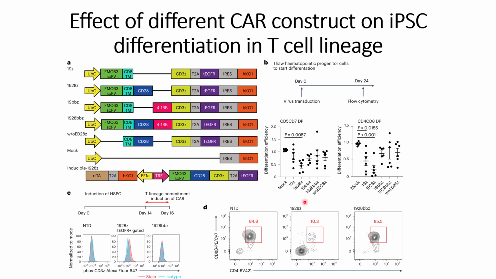And these things they have shown in flow cytometry. One of the representative flow cytometry images is shown in panel D, where we can see that in the case of 1928 zeta the CD8 beta positive and CD4 positive cells are very low, around 10%.